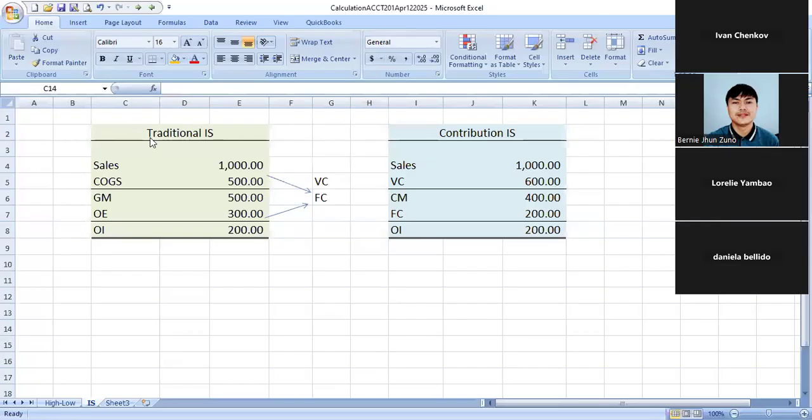So there will be a traditional income statement, again start with sales, cost of goods sold, gross margin, the way that we did it. Then we're going to have operating expenses, and the last one will be operating income.